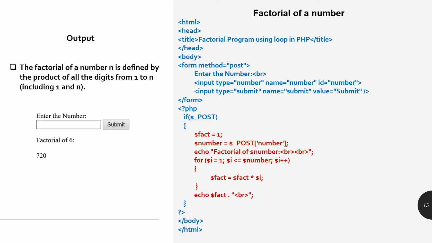So multiplication, in the sense, initially we should start multiplying from 1, then into the next number, then that product into the next number again, like that, keep on doing. So definitely we should have a loop which should start from 1 to that given number.